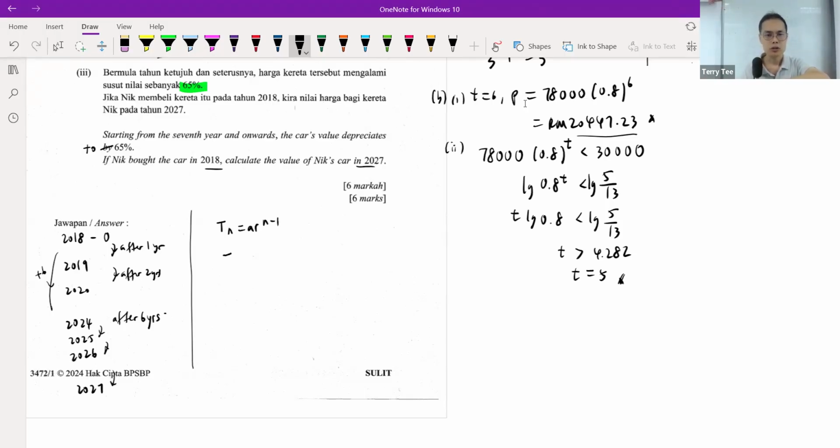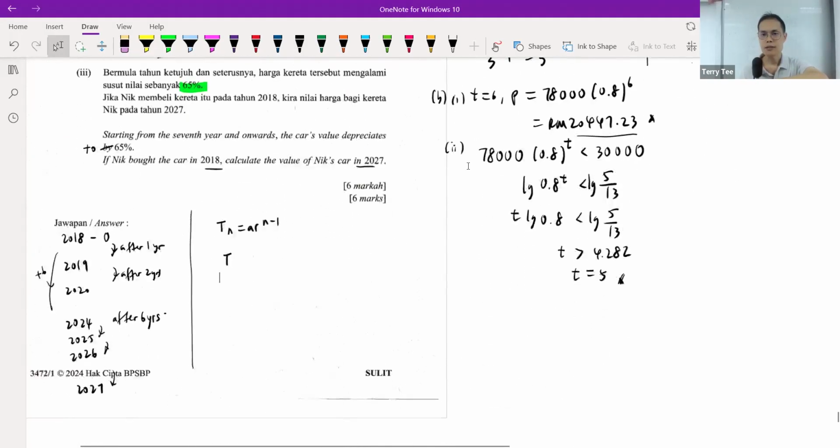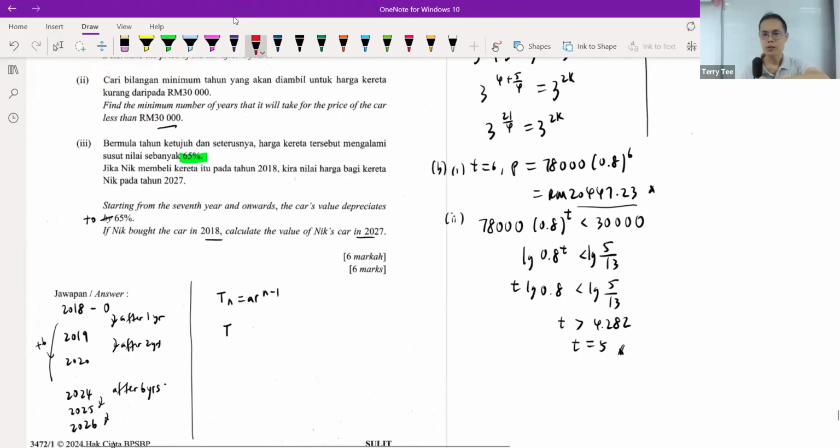Your A is the price after 6 years, which we already calculated: 20,447.23. When you drop to 65% of the value, your R is 0.65.